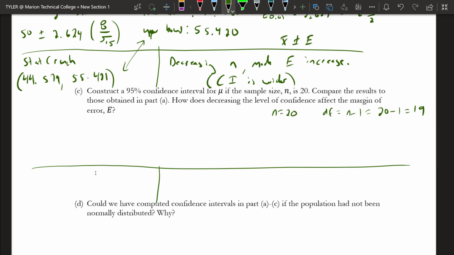So my t alpha divided by 2 this time is going to be t sub 0.025. And that's because I want a 95% confidence interval. So 100% minus 95% is 5%. Divide that by 2, we get 2.5%. So my alpha divided by 2 is 0.025. We can find that using StatCrunch.